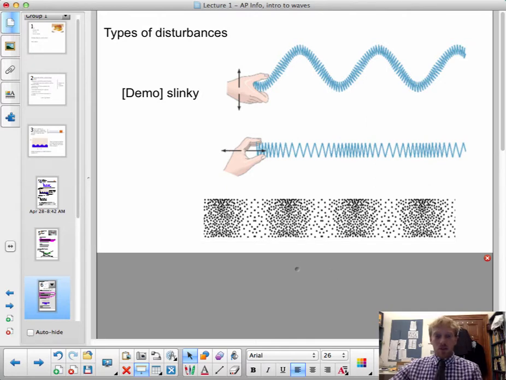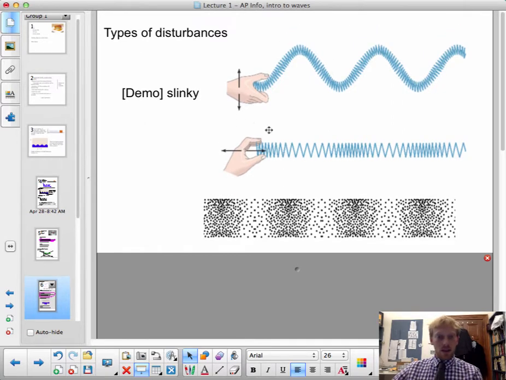This type of disturbance would create something like this, regions where bits of the slinky were close together and regions where bits of the slinky were far apart. That is the same sort of thing that happens in air. When you speak, bits of air are compressed together and bits of air are stretched a little farther apart.